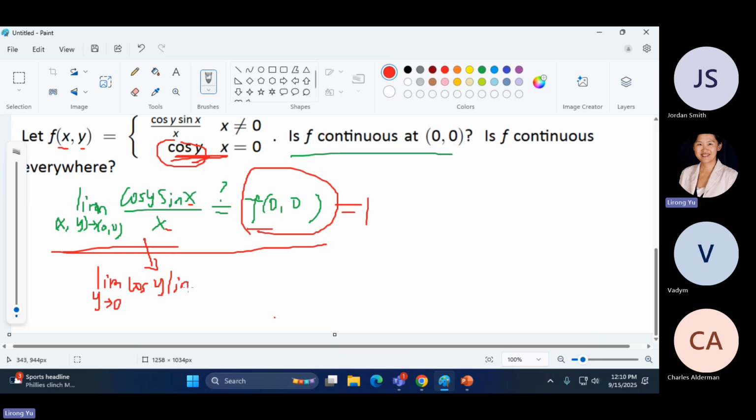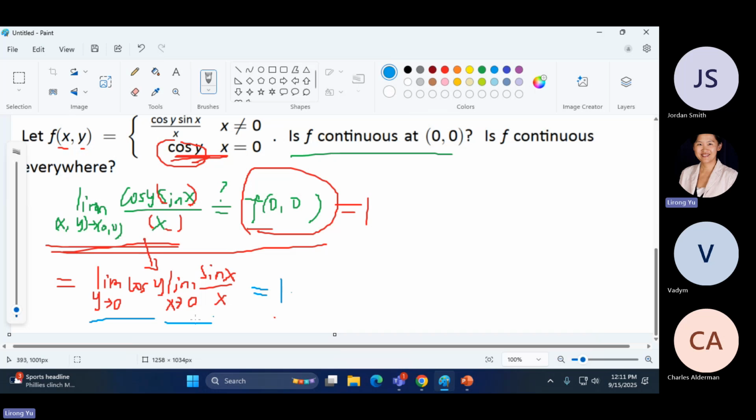Now for the limit of sine x over x, you can see we break this down into a multiplication. The limit of the multiplication equals the multiplication of the two separate limits, so we convert it into two separate calculations. Cosine y at 0, cosine 0, equals 1.